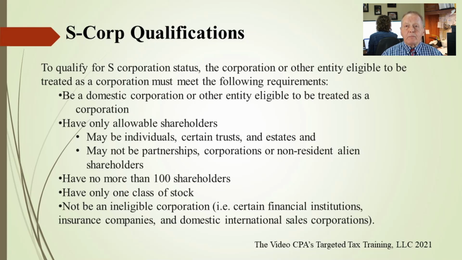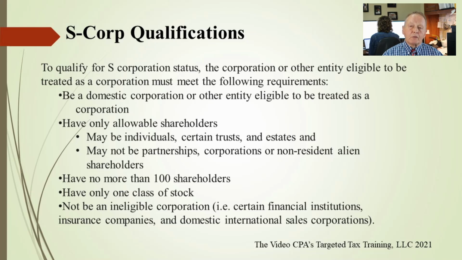But it's not for big businesses. You're stuck at 100 shareholders, and you're also stuck with just one class of stock. If you're a small business, these things don't matter very much, but they do exclude big businesses from being S corporations.